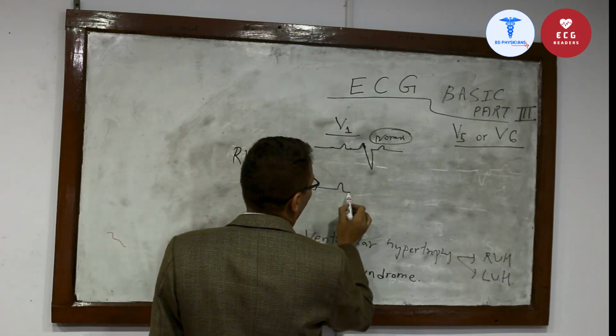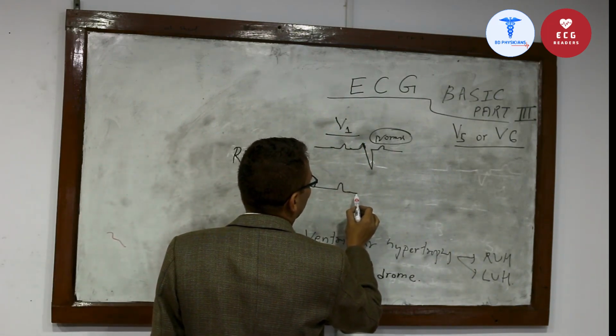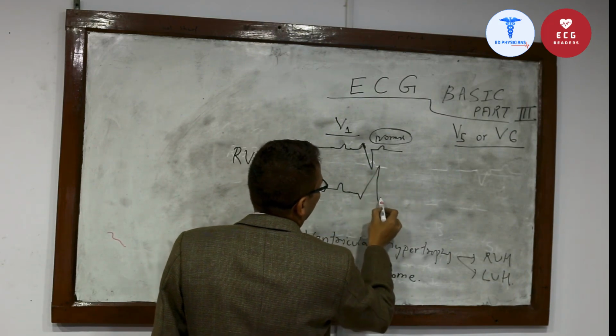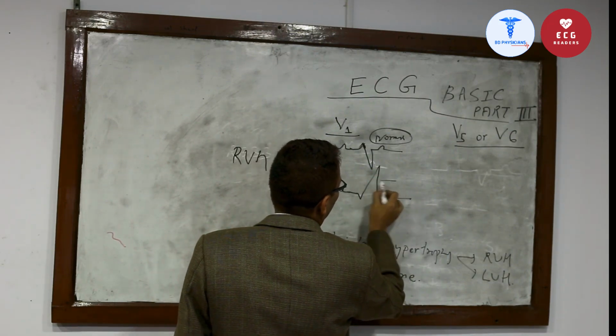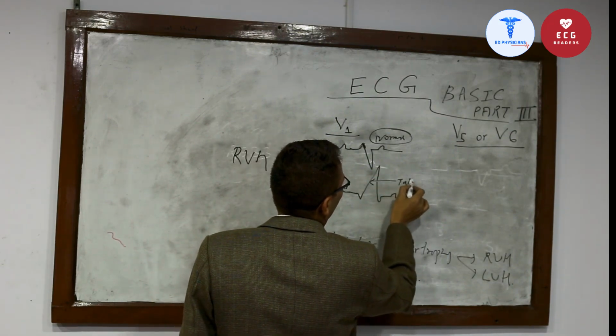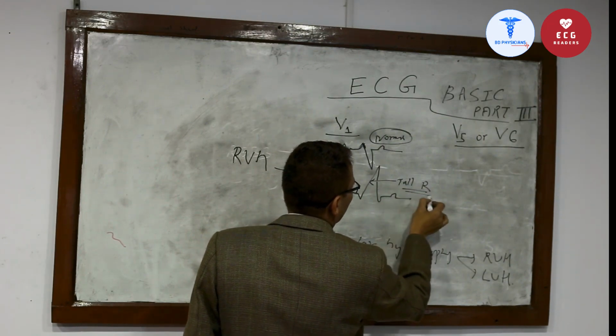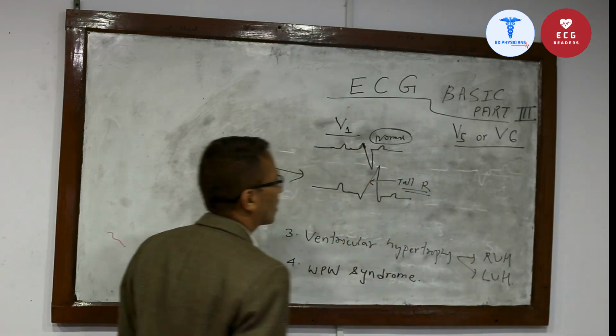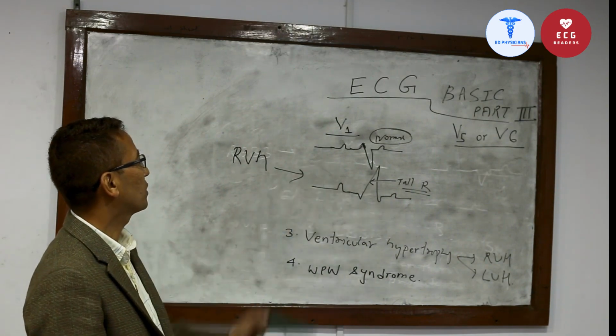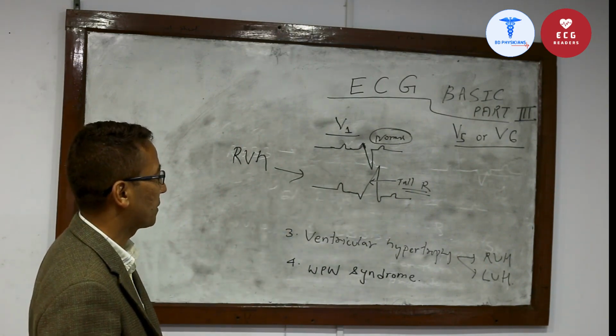But in right ventricular hypertrophy, the height of the R wave is increased, a tall R in V1. So this is right ventricular hypertrophy.